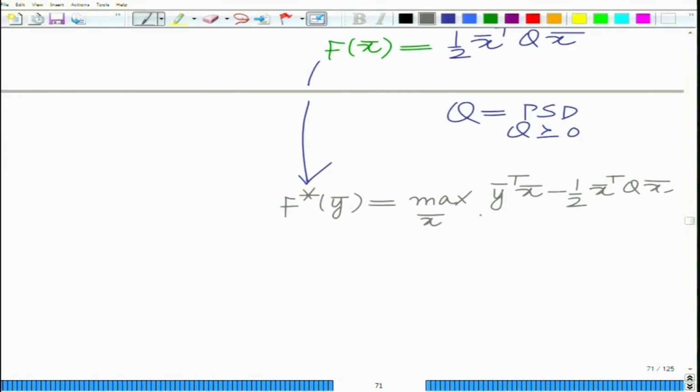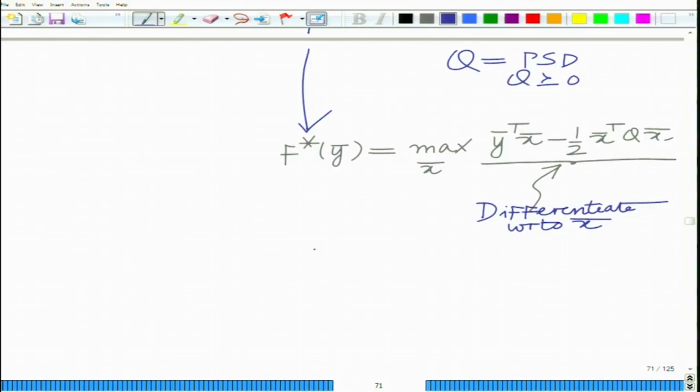And now to maximize this, let us differentiate this. To maximize this, differentiate and set it equal to 0. We are going to differentiate with respect to x bar, that is, consider its gradient of this quantity.